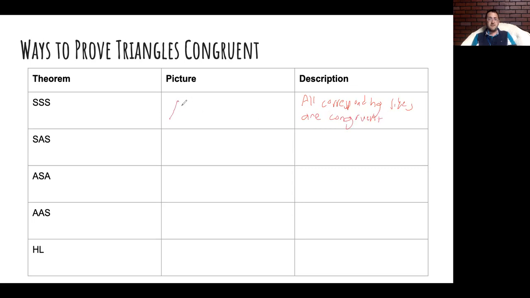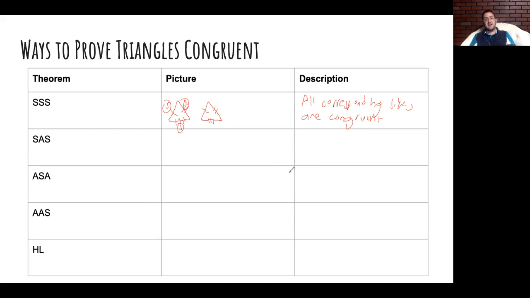So in essence, what that means is my triangles have three sides that are marked or can be easily marked. And that is side, side, side. And we can even just label the picture. So that's S, S, S.